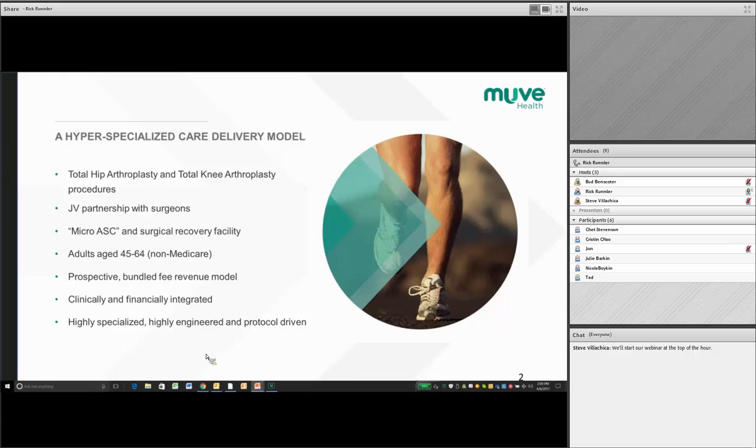To give you a sense for how that uniqueness shows up, the idea is that we're bundling our services and the associated fees. So instead of getting 11 bills after having a knee or a hip replaced, you'd be getting 1 bill. That's 1 bill to the patient, 1 interface with the provider, and 1 fee to the payer. And the interaction can typically be over a year.